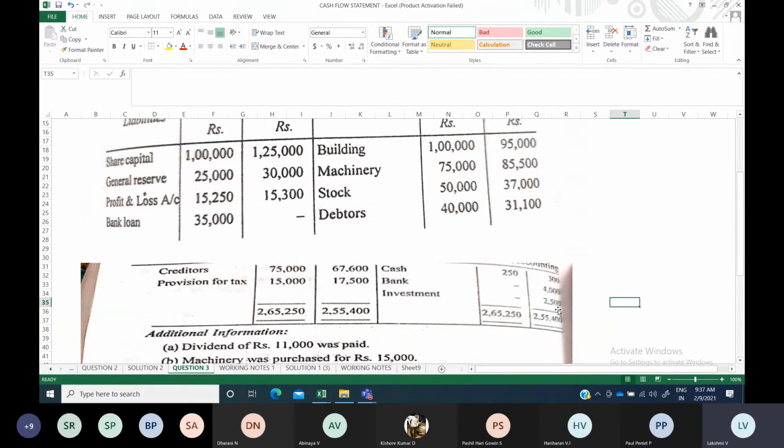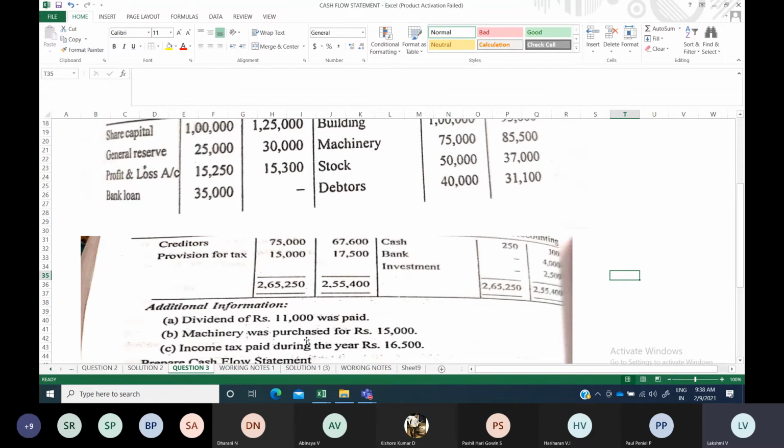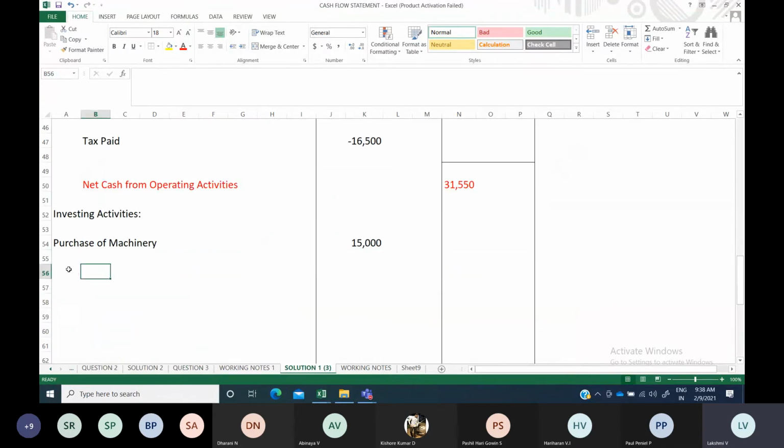If it was not there and it is there now, you have purchased; if it was there but now it is not, it is sold out. So let us enter this amount as purchase of investment, 2,500.